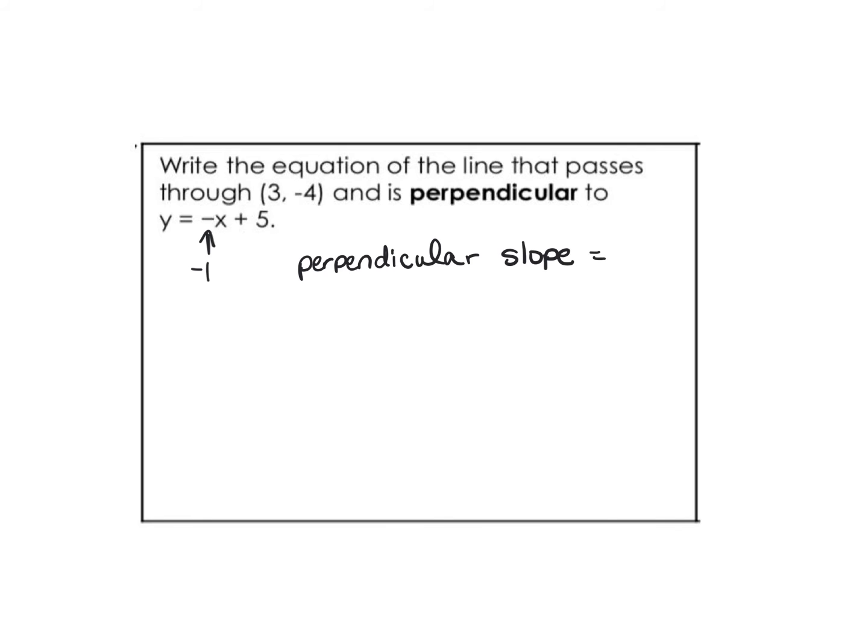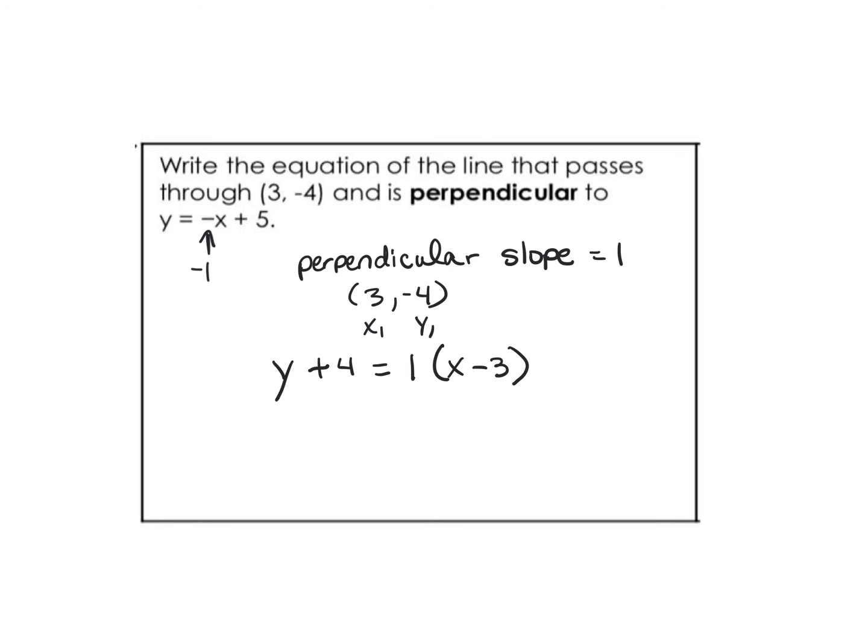So the perpendicular slope is 1, and we'll use that for m. Then we have (3, -4), that's x1, y1.